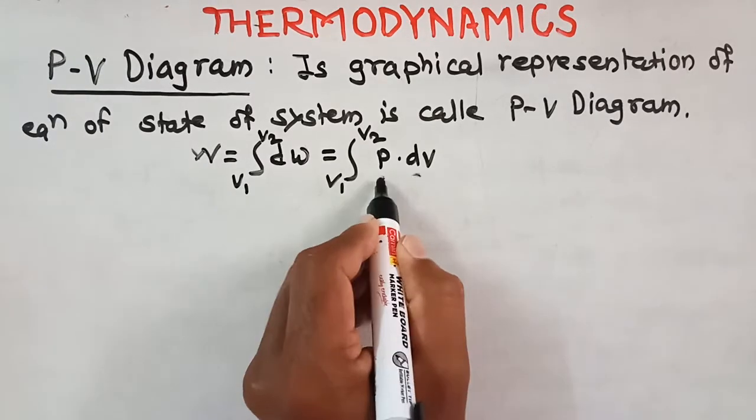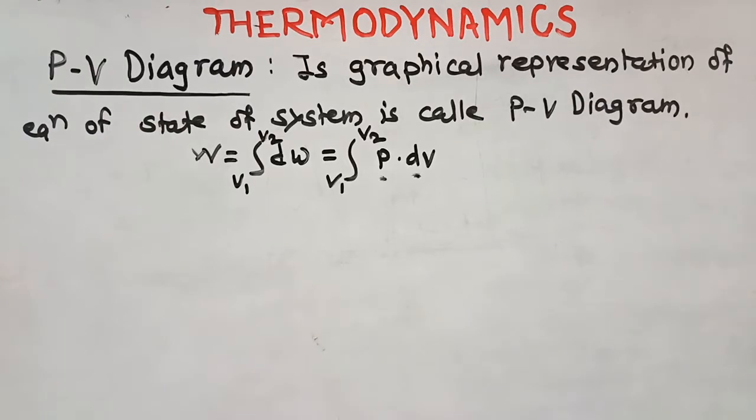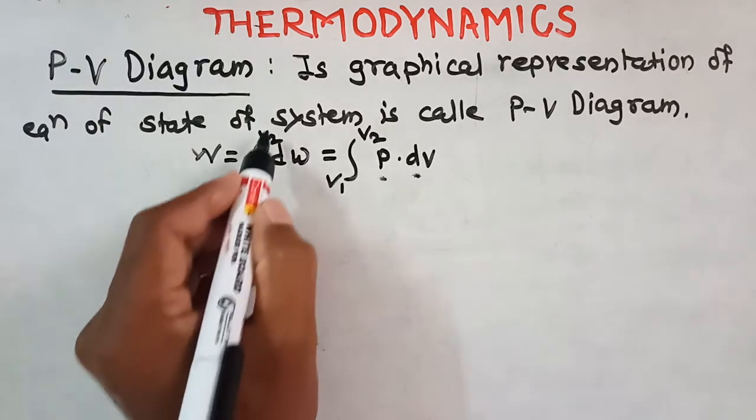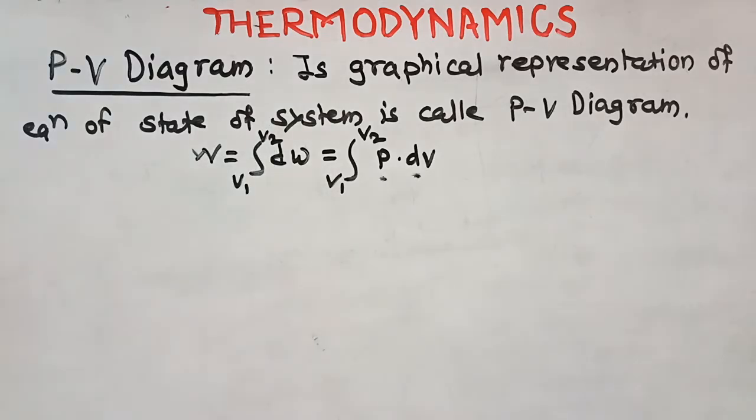One, by knowing the exact relation between pressure and volume, and another way is by knowing the path of the system between the limits of integration. This is the path between the limits of the integration, from which volume to which volume the system changes. Now this integral represents the total work done, and as it represents the total work done, area under PV curve represents the total work done.